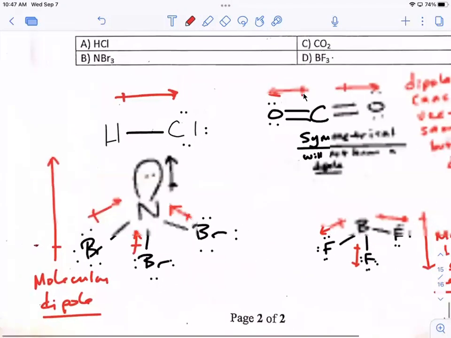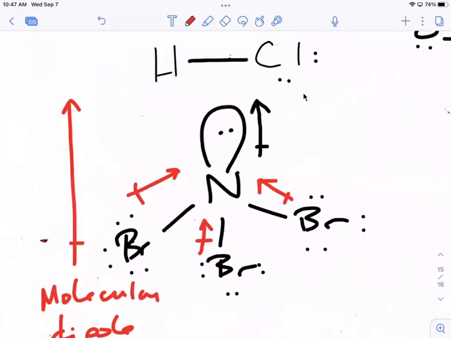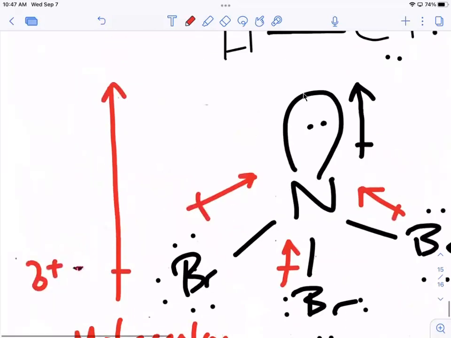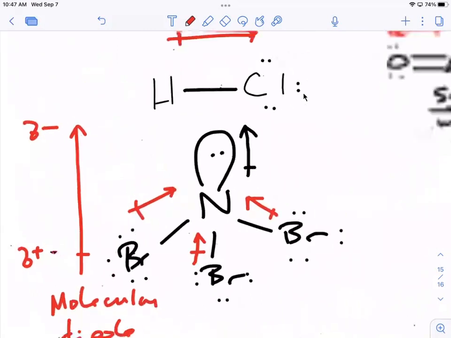Anytime you have a dipole, you can also think about the fact that part of that molecule is going to have a partial positive charge. If you look at an electron cloud depiction of a molecule like this, part of the molecule is going to be partially positive and the other part partially negative.